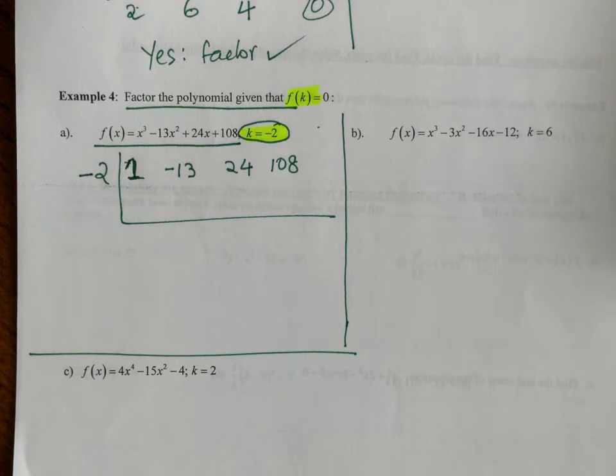Because -2 is one of my solutions, it's not a factor. If they gave you a factor, please change the sign. But if they gave you a solution, keep the sign. Let's both do drop, multiply, and see what you get. You should get 0 as a remainder because they have told us that this is a solution.